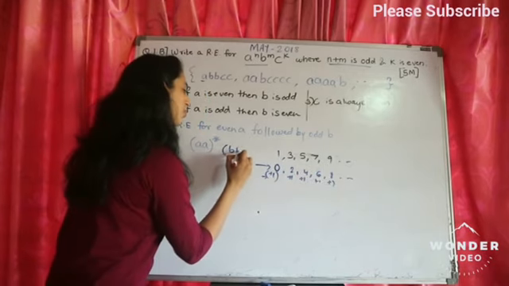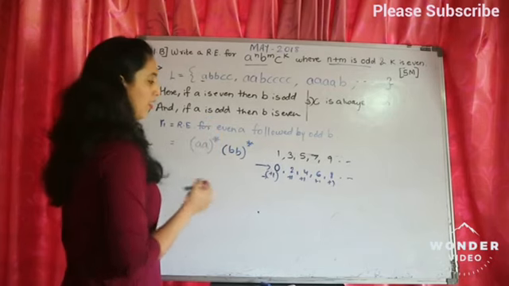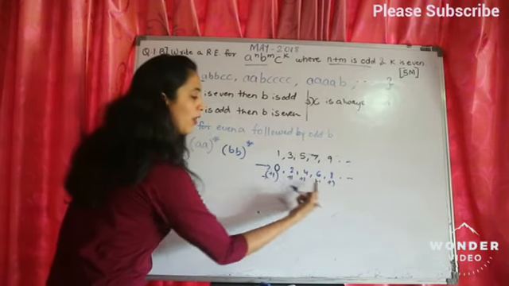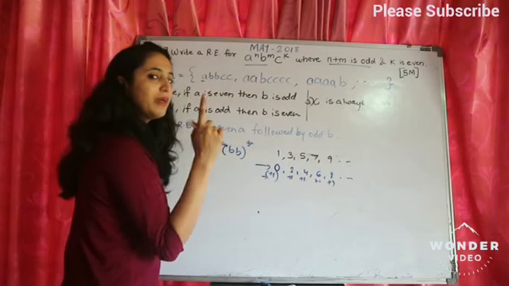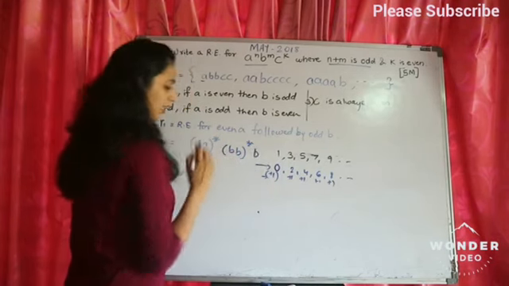How will I write even number of B? BB in bracket closure, right? And then followed by plus 1. Plus 1 means one occurrence of B, strictly one occurrence of B. That will be adding one B at the end.